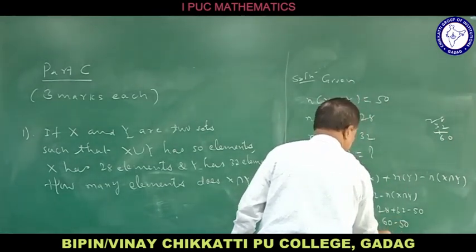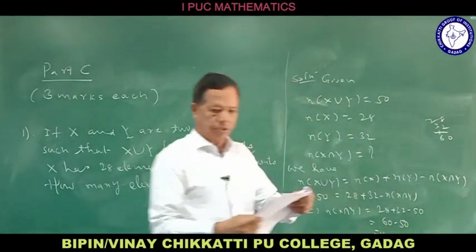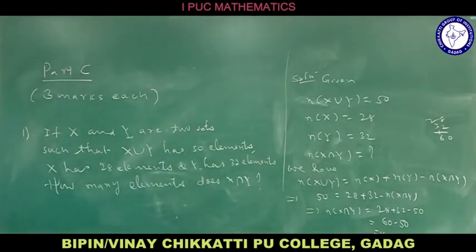What is the answer? You are getting 10 elements in x intersection y. So this is the way to work out these problems.